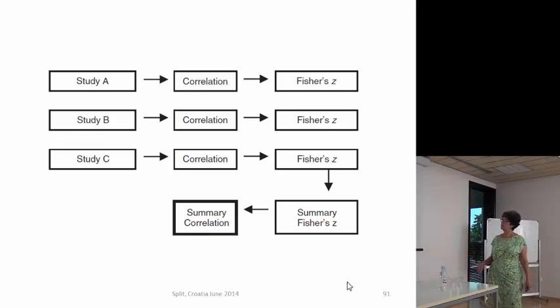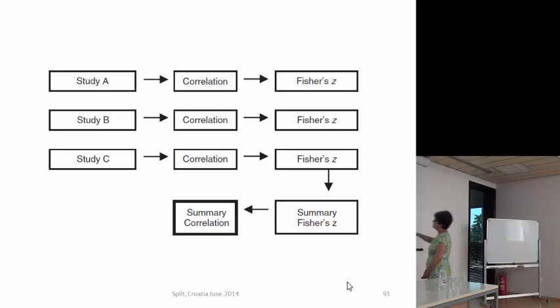It's a variance stabilizing transformation because with traditional correlations, the variance is actually correlated with the size of the correlation, and you don't want that to happen, because we're concerned about the variance. So we do all the work in Fisher z, we get a summary of Fisher z, and then we back transform it into a correlation.